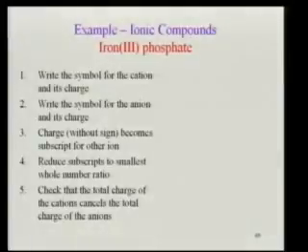Let's write this. Iron 3 phosphate. The first thing I'll have to do is figure out what my symbols are. Iron 3 means what? Iron with a 3 positive charge. So there we go. What's the other side? Phosphate.